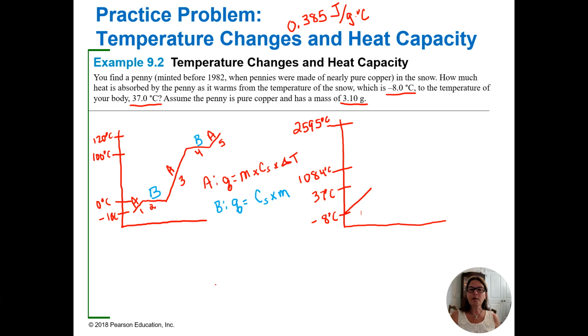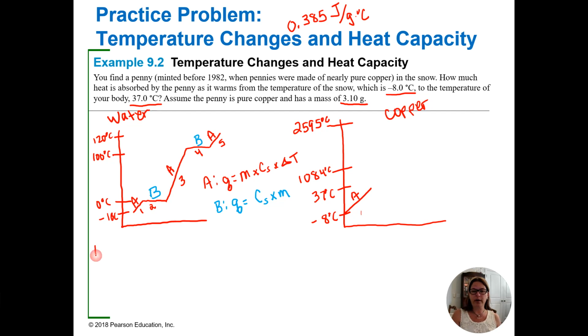Okay, so when I look at this and compare it to the copper one, we only have a heating up, so we're only going to use A. But in my other water example, we have to use both equations.